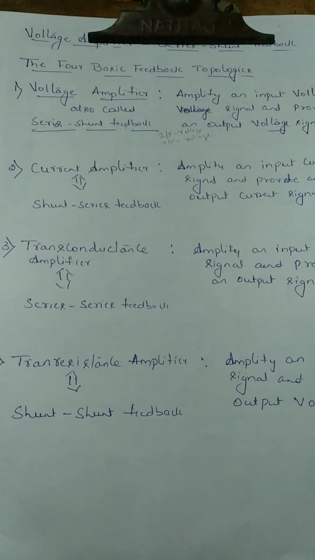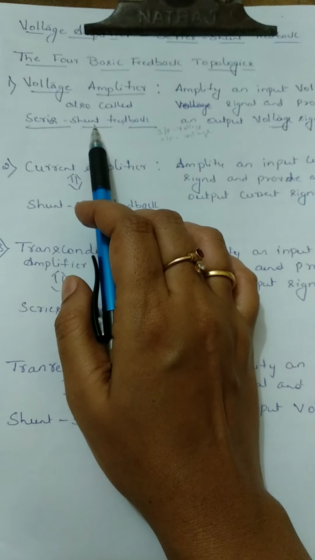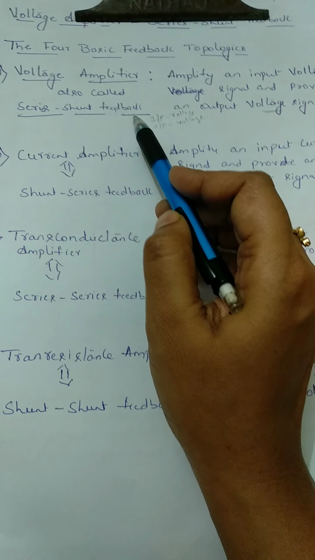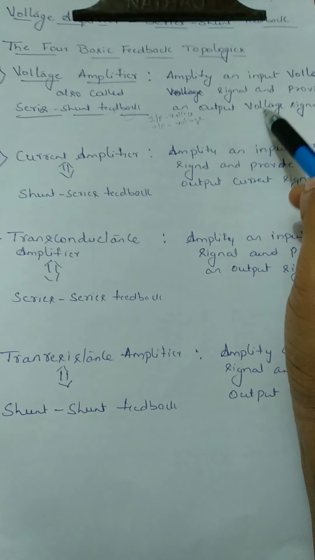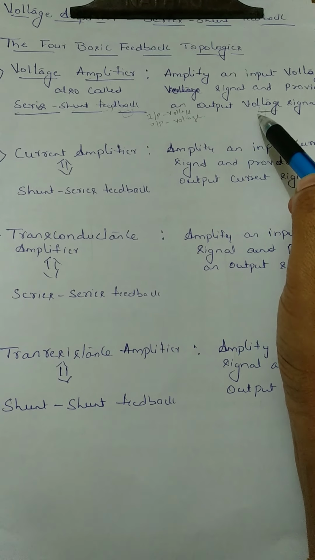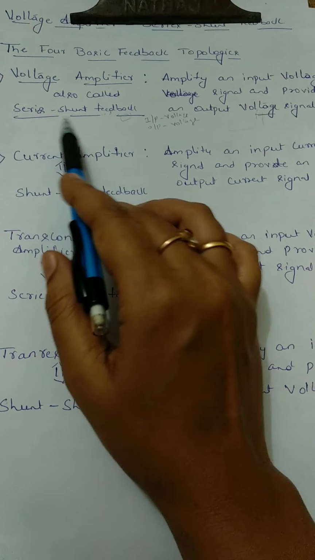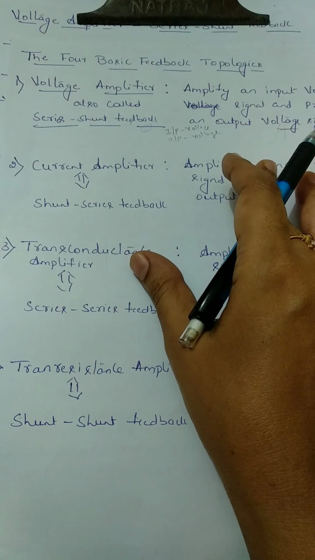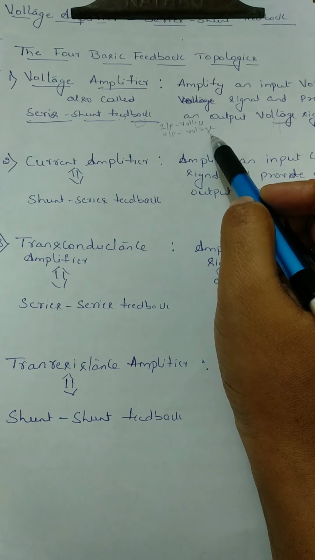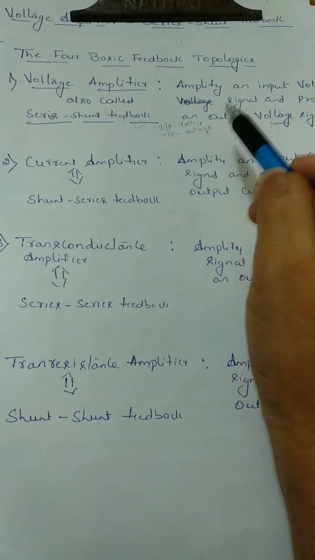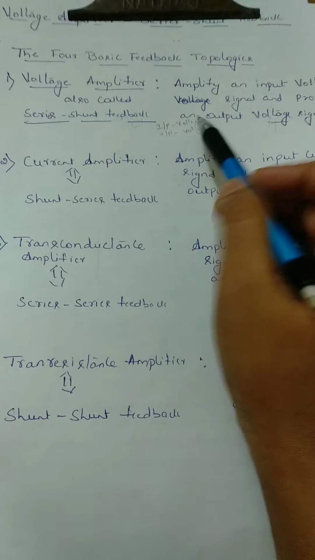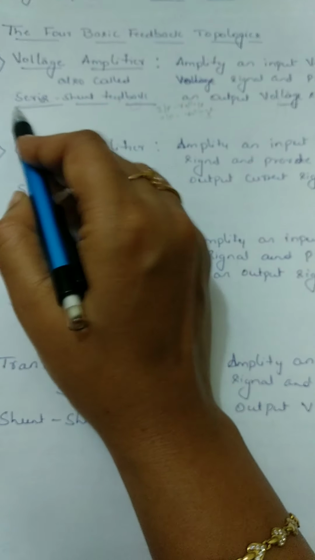So why it is called series shunt feedback is, we are connecting the feedback signal in series with the input signal, and at the output side we are shunting the output with the feedback. That is why it is called series shunt feedback. I'll repeat again. The output of the feedback network is given as an input to the amplifier, so we have connected it in series with our input signal.